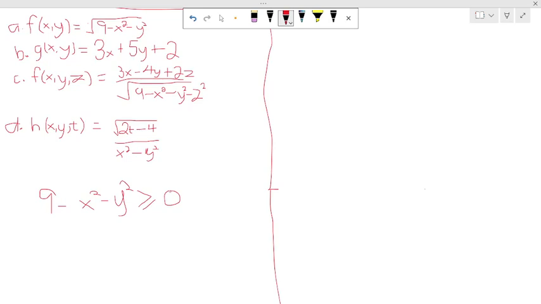Now with the second example, that is g of x, y, which has an expression of 3x plus 5y plus 2. Now we could see that this expression is a polynomial, and polynomials are always defined on the set of real numbers, because any value we substitute for x and y, we are going to get a corresponding real value, which makes it a defined value.